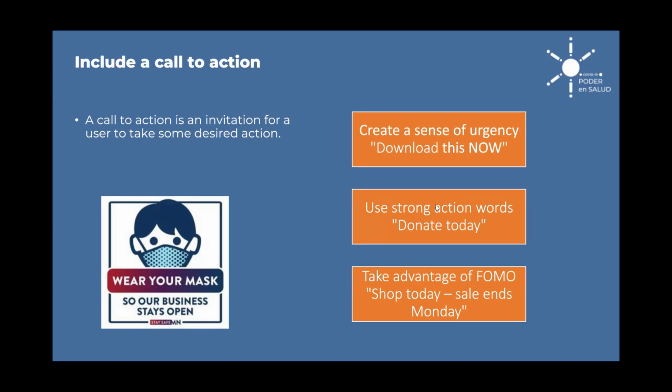Another helpful hint is use strong action words like donate or show up or join us. So an action word with that same sense of urgency. So a verb, tapping into some of our English learning. Another tip was take advantage of the fear of missing out, FOMO.